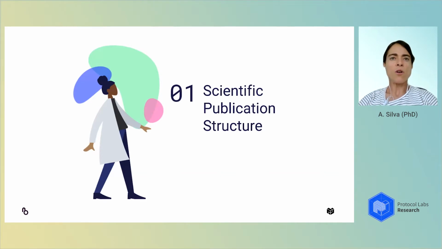So the number of publications you have, in what journals they were published, and how many times they were cited are three of the main metrics currently used to evaluate, let's say, the worth of a researcher's CV. So it's quite important to add some of these lines into your CV if you want to pursue any type of job opportunity within academia or related to any research company like Protocol Labs.